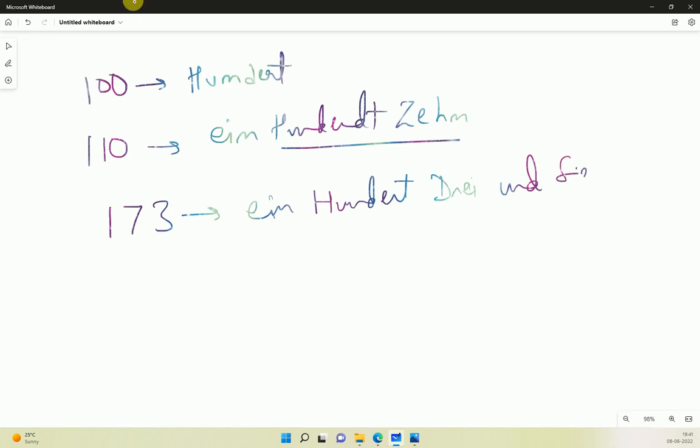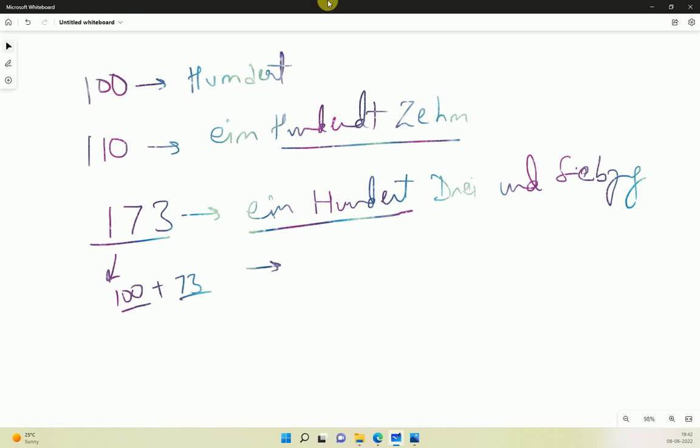Now, here for the starters, you have to break it down. If you see 173, just write it as 100 plus 73. And then 100 bedeutet 100 and then 73, right? So the 73 that we read earlier continues in the same series.